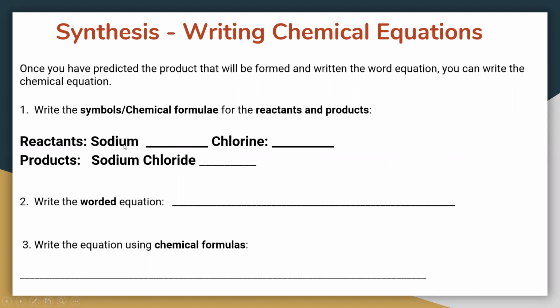So you just have to write the chemical symbols for them there, and the product will be sodium chloride. Then I want you to write the worded equation. So in words, no chemical symbols here, just English words, okay? And then I want you to write the equation using the chemical formula. So this is where our chemical symbols, NaCl, all that stuff will come up, using the arrow, separating the reactants and products.